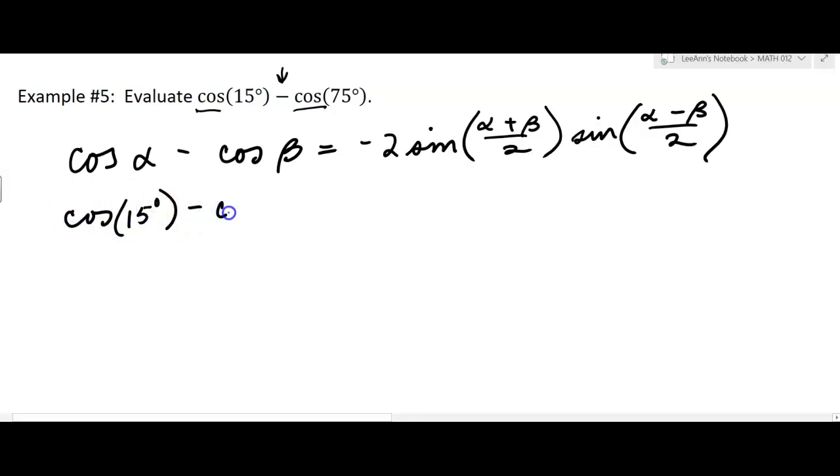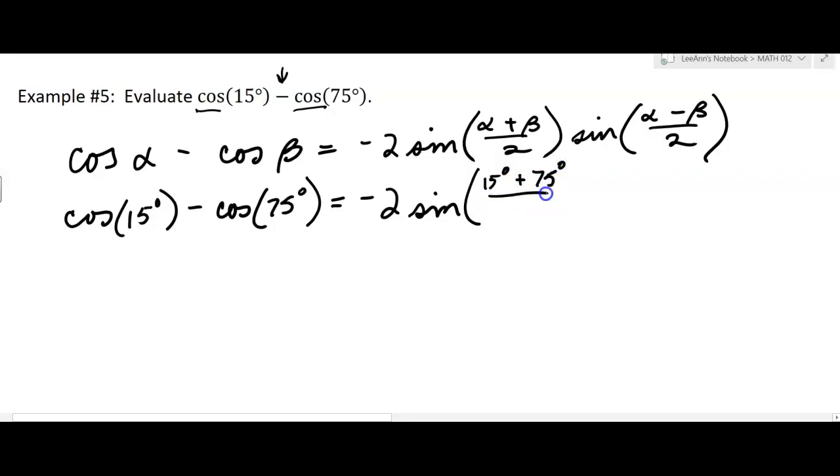So if you're a person that likes degree measurements, then this is the problem for you. So we have sine. It's going to be 15 degrees plus 75 degrees over 2. And then here it's going to be sine 15 degrees minus 75 degrees over 2.